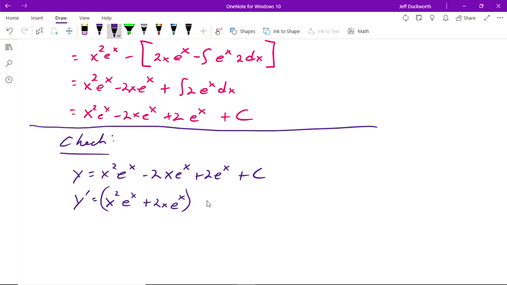And we have another, so I'm going to minus 2, I'm just going to take the 2 out for now, and take the derivative of x e to the x, so it's first, times derivative of the second, e to the x, plus this derivative of the first, which is 1, times the second. And that's our second part, the x e to the x. And finally, derivative of the 2e to the x is just 2e to the x again, and the derivative of c is 0.